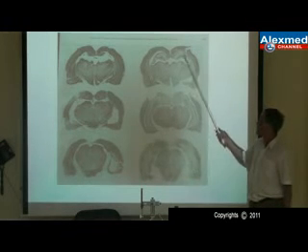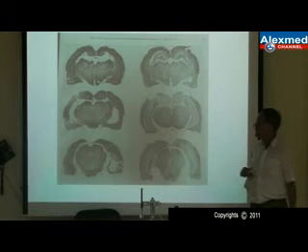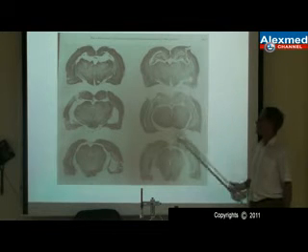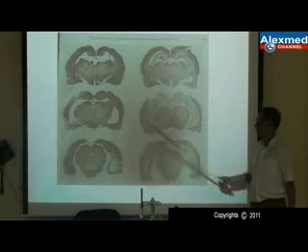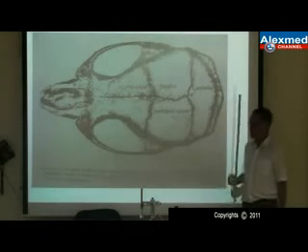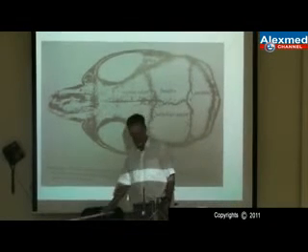Dorsal hippocampus, ventral hippocampus. And in one experiment, I selectively removed not only the dorsal hippocampus, but also the ventral hippocampus. To do this, I use what's called a stereotaxic technique.